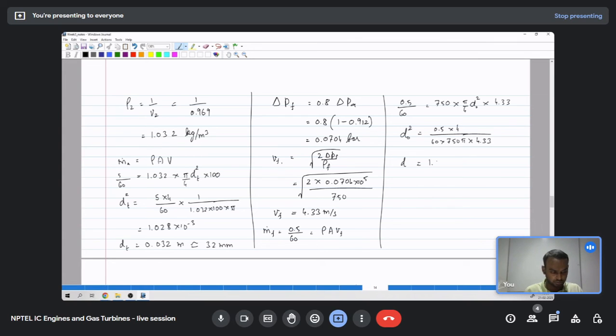This is 1.807 into 10 power minus 3 meters. So that means the orifice diameter should be around 1.81 mm. Do you have any questions so far?